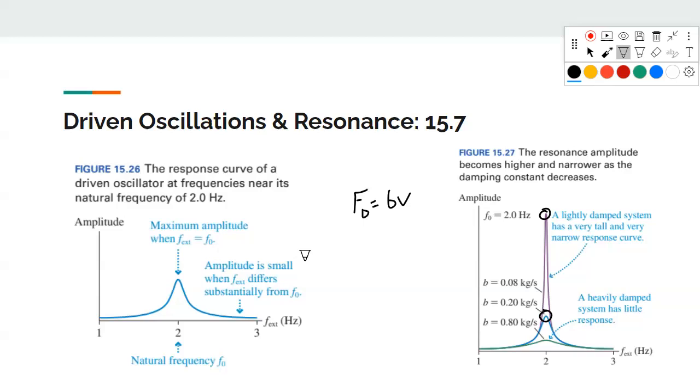So the more friction there is, the less sensitive the system is to having to be pushed at exactly its resonant frequency. Okay, sometimes we call the natural frequency a resonant frequency in the context of driving oscillations. So if I'm pushing the kid on the well-maintained, really, beautifully oiled swing, I have to really be pushing them at exactly the right pace, or I'm not going to be able to get them to swing higher and higher.